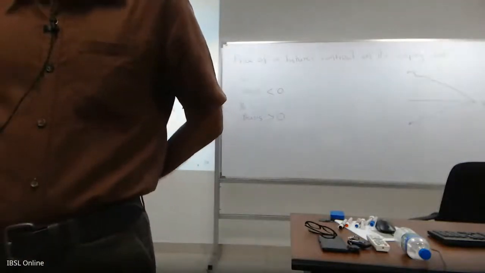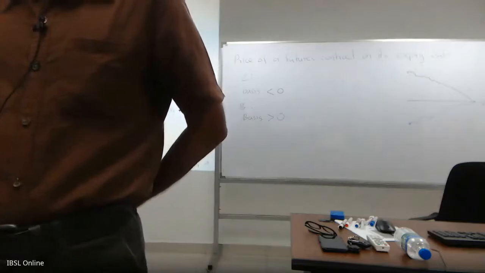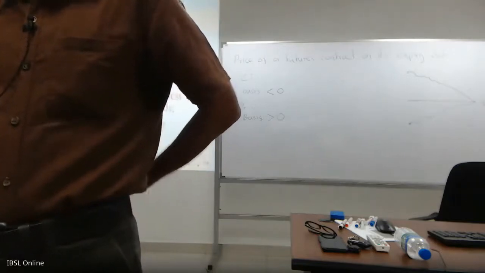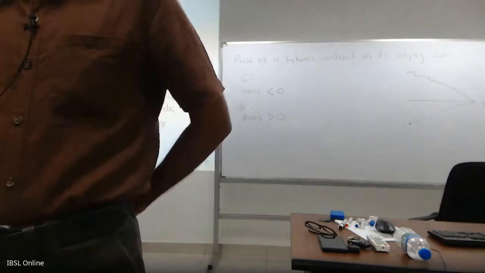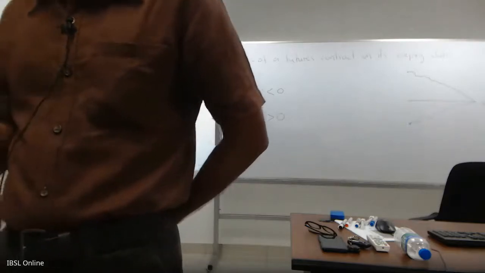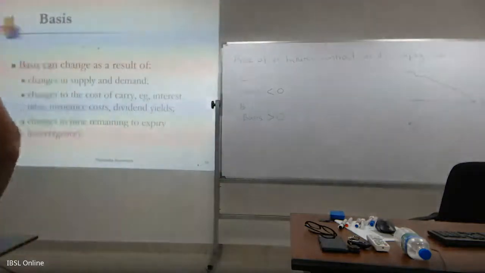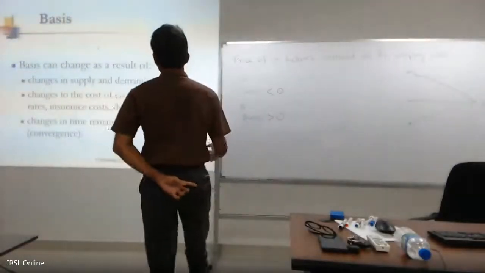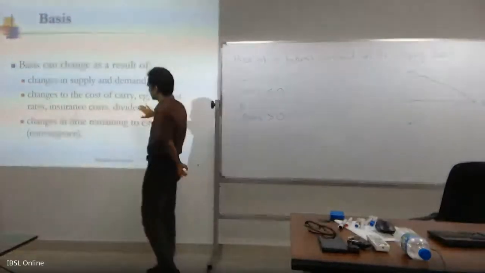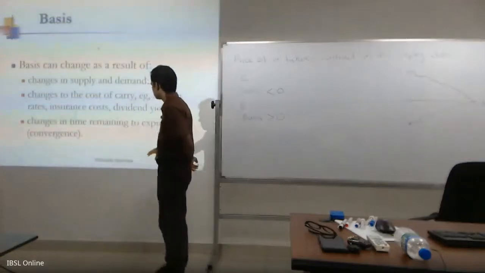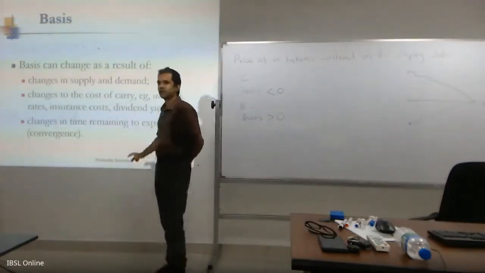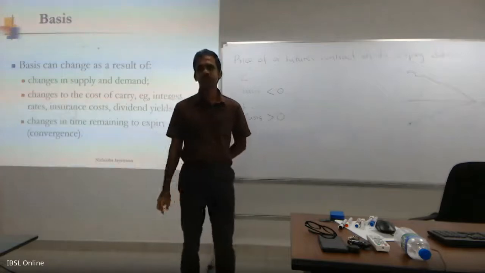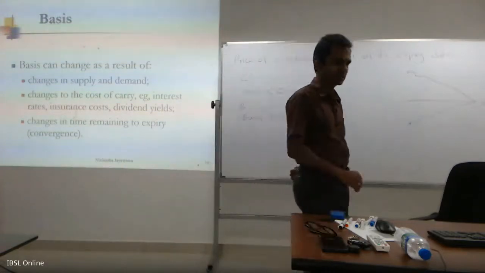It's not only interest rate. There may be some benefits, coupon or dividends, or there may be storage cost, insurance cost, things like that. Whatever changes happen in those will change the cost of carry, and the time remaining until convergence occurs.